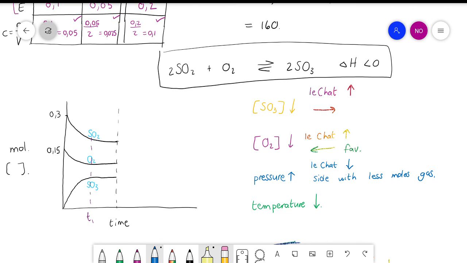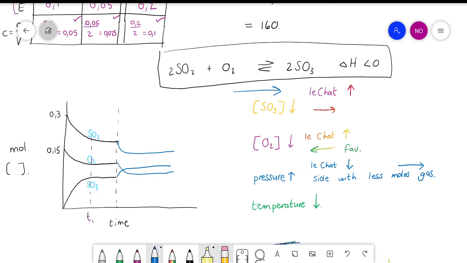The reactants or the products? The products. So do you agree we are going to favor the forward reaction? Okay, so when the forward reaction is favored, it means that this one increases and these two will decrease. Because it's pushing towards the products. So if it pushes towards the products, then the reactants have to decrease.